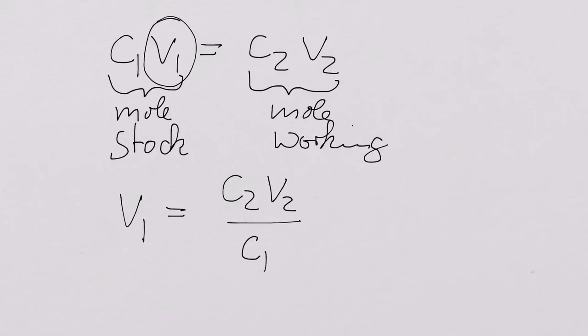So this equation is almost beyond me, because I never know what is C1, what is V2, and things like that. So whenever I come across a problem like that, I have a sort of crazy image in my head.